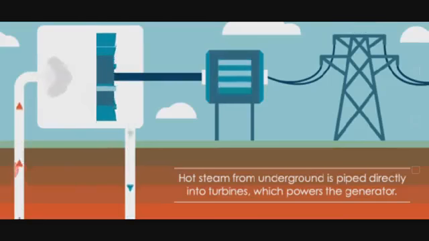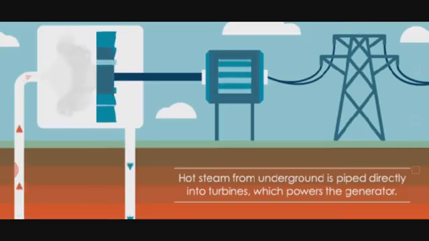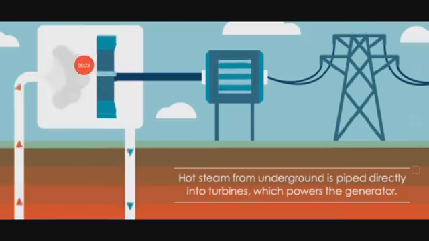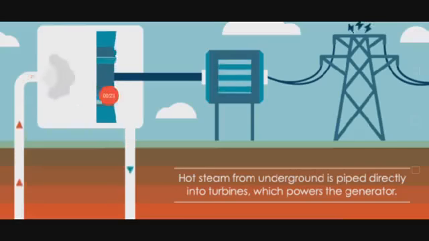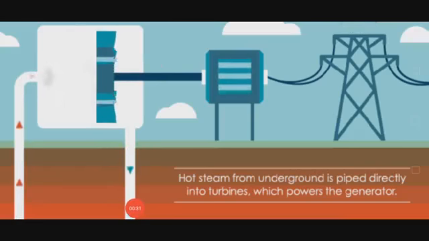These power plants are built at these hot spots where this hot water comes out, and when the hot water comes out, the steam is generated, and this steam is used to rotate this turbine. As you can see here, this is the steam, and this steam runs this turbine. Then the water again goes down inside the earth.